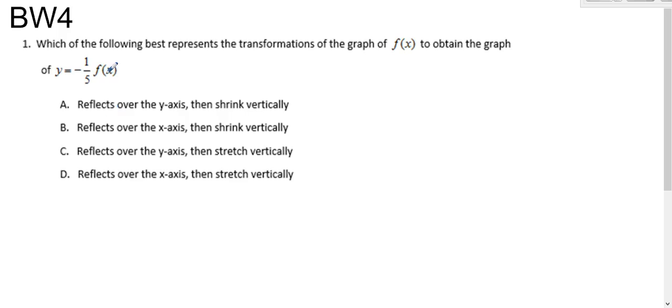If it's negative on the x, it goes over the y-axis. If it's in front of the function, it goes over the x-axis. So the negative in front flips it over the x-axis. And then since that's a 1/5, that's a vertical shrink. So shrink, x-axis, that is B.